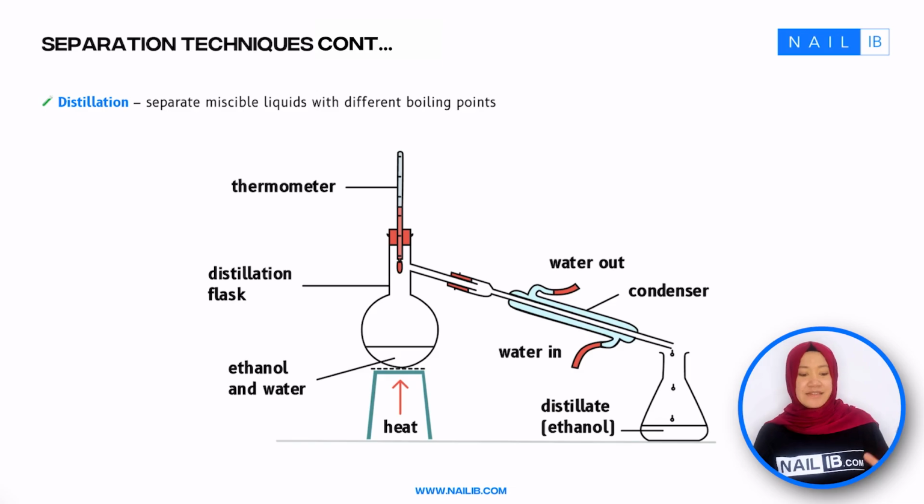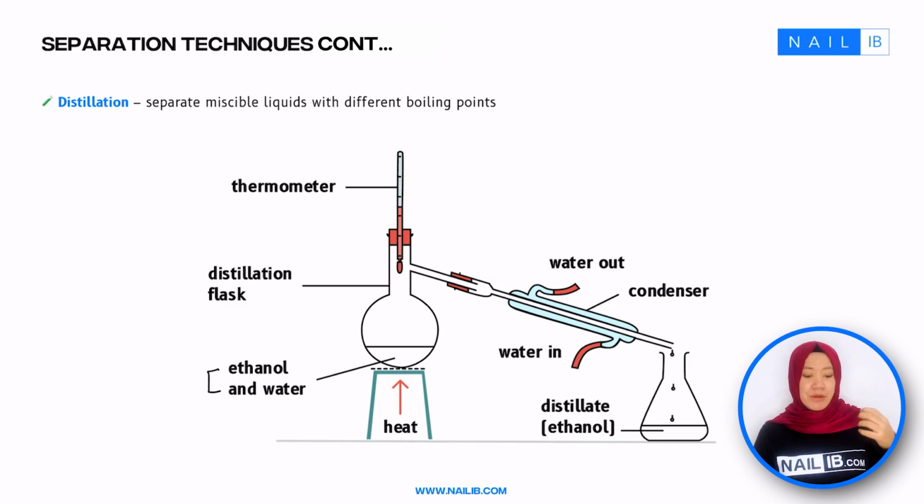Next technique is distillation. It's a separation technique to separate two or more miscible liquids based on their different boiling points. For example, between ethanol and water, we can't see the ethanol because they're both transparent, but you can smell that there is ethanol in the water.